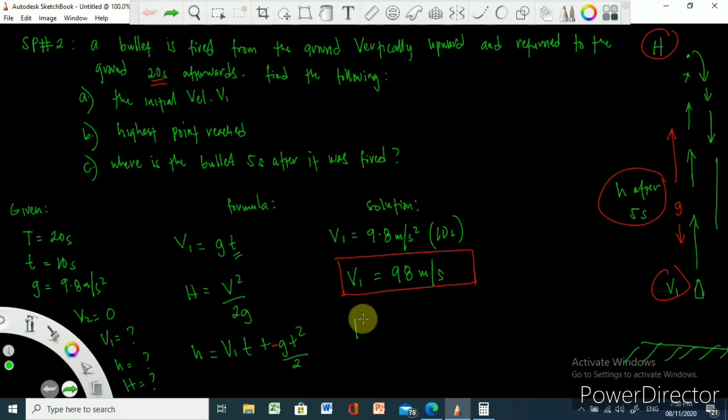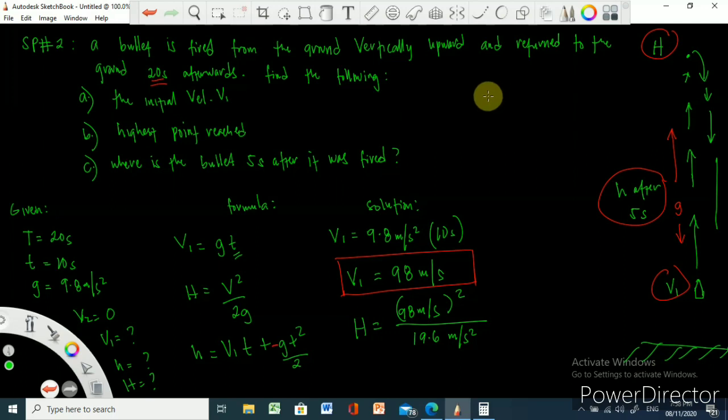So the height of the highest point is equal to V squared, which is 98 meters per second, divided by twice the gravity. So 2 times 9.8 is 19.6 meters per second squared.